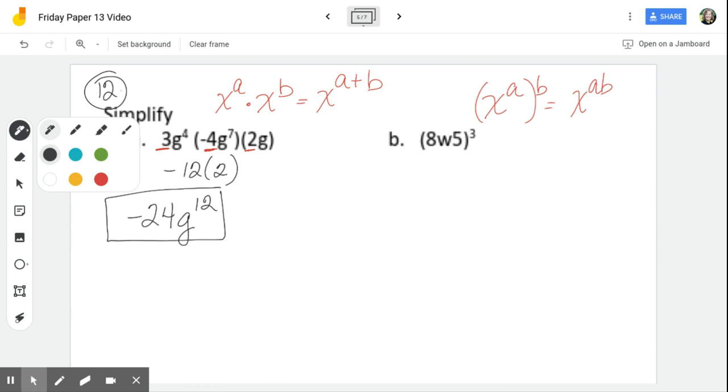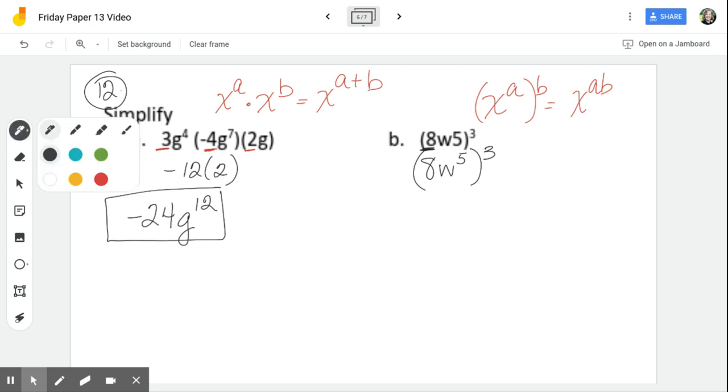So here we look first if there's a coefficient, and there is a coefficient. So I have to do to that coefficient what this problem is really asking me. And by the way, I should rewrite this. When I typed it out, it didn't work very well. That 5 should be an exponent.